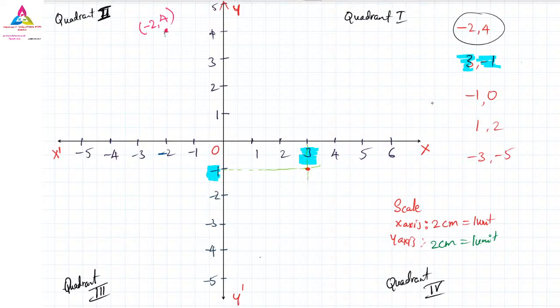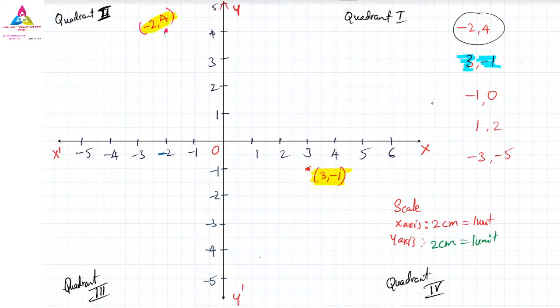That point is nothing but 3, -1. Which quadrant is this now? 3, -1, that is the fourth quadrant. So 3 and -1 will meet here. This is the fourth quadrant. I have marked here.